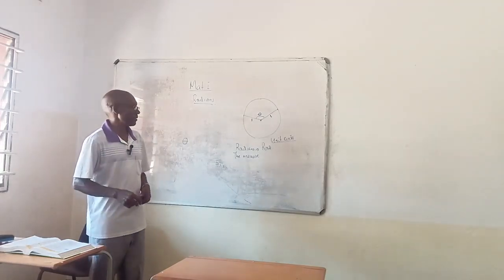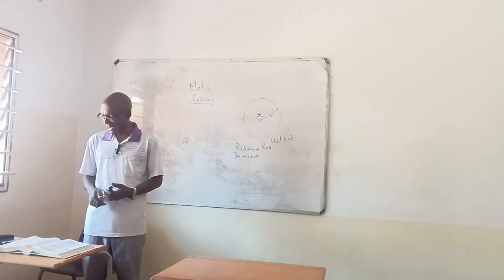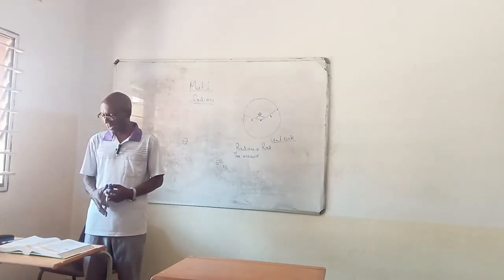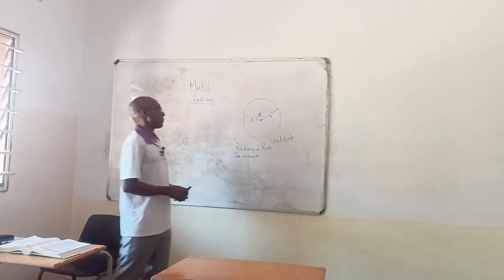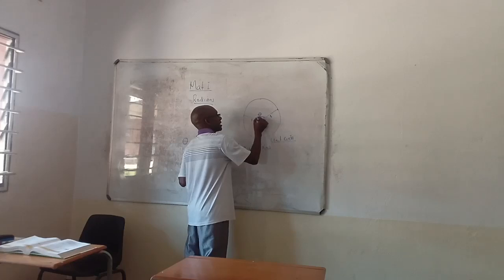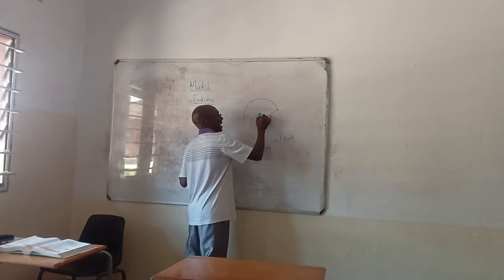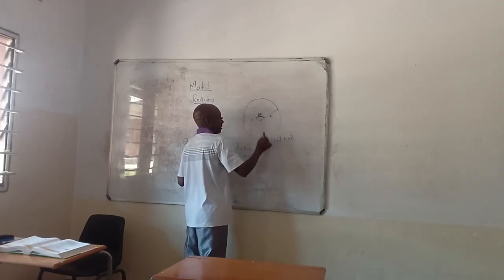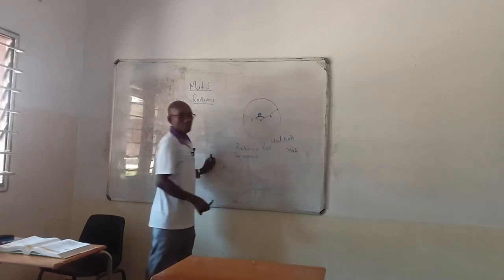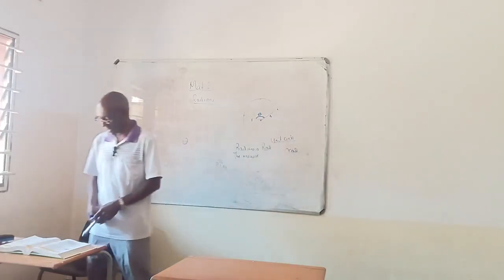So if you have to define the radians, we are looking at that portion being subtended by the theta, which is abbreviated as rad.